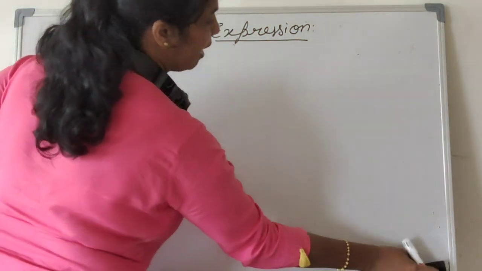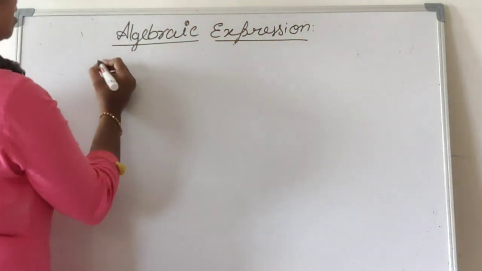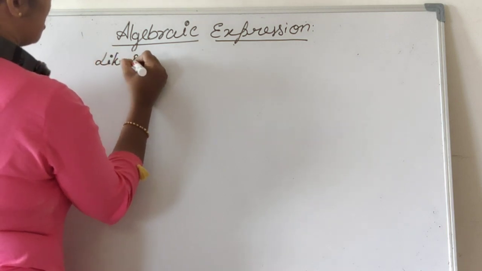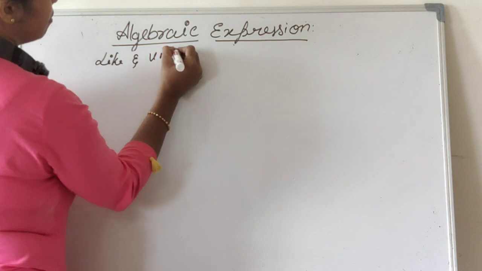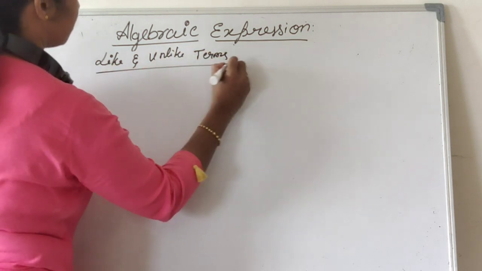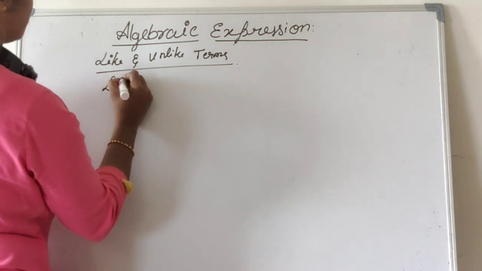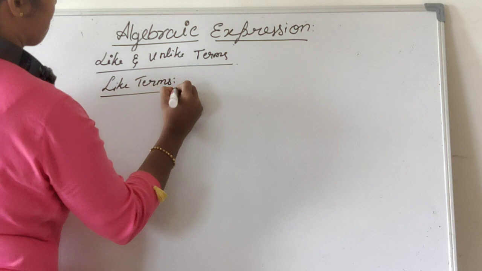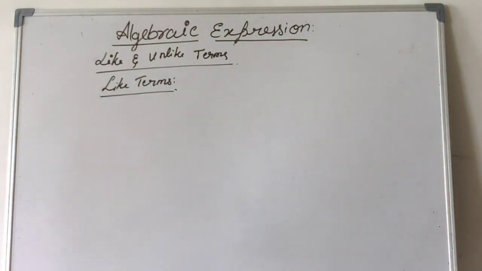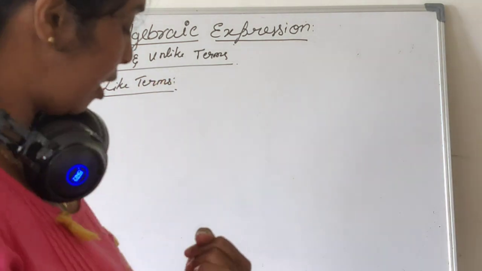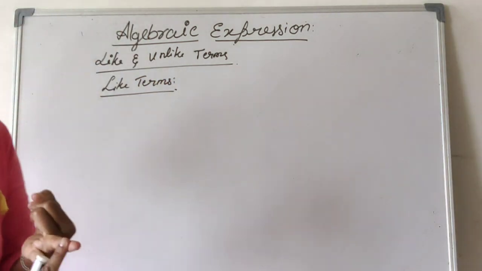Like and unlike. Like means all the terms must be same. Like terms: terms having the same variable, remember, terms having same variable and same exponents.